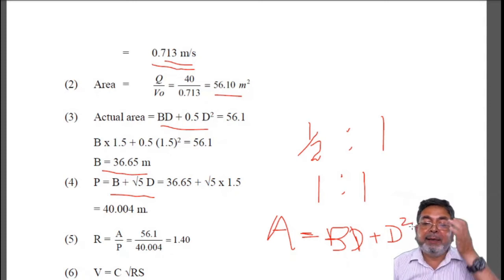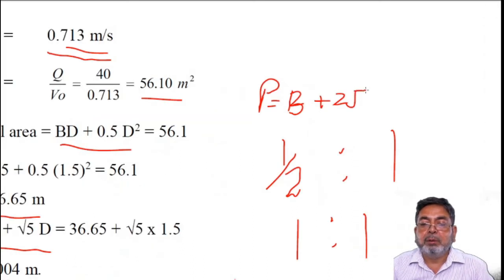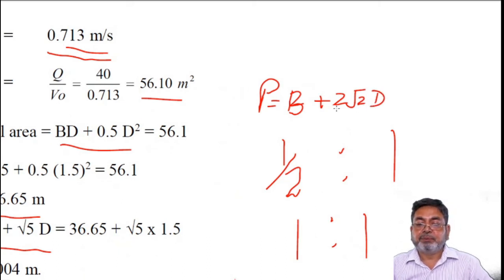Understand? And for this slope 1 is to 1, the wetted perimeter will become equal to P is equal to B plus 2 root 2 into D.